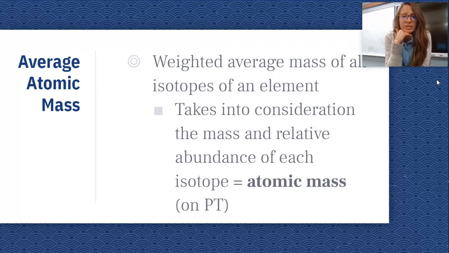And we also take into consideration the relative abundance of each isotope, which we'll talk more about in one slide. And when we calculate the average atomic mass, that is going to be equal to the atomic mass that is located on your periodic table. So it's really nice because you kind of naturally have an answer key in front of you. When you go through some of these problems, you can check your work on the periodic table most of the time.